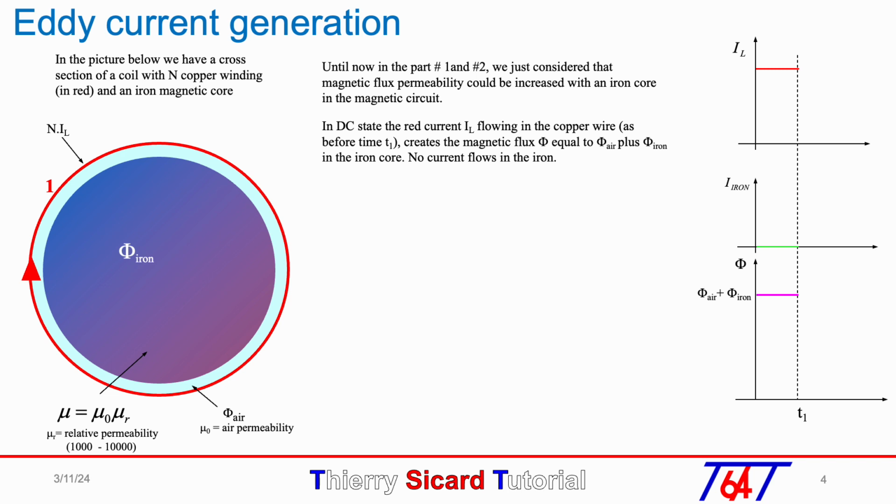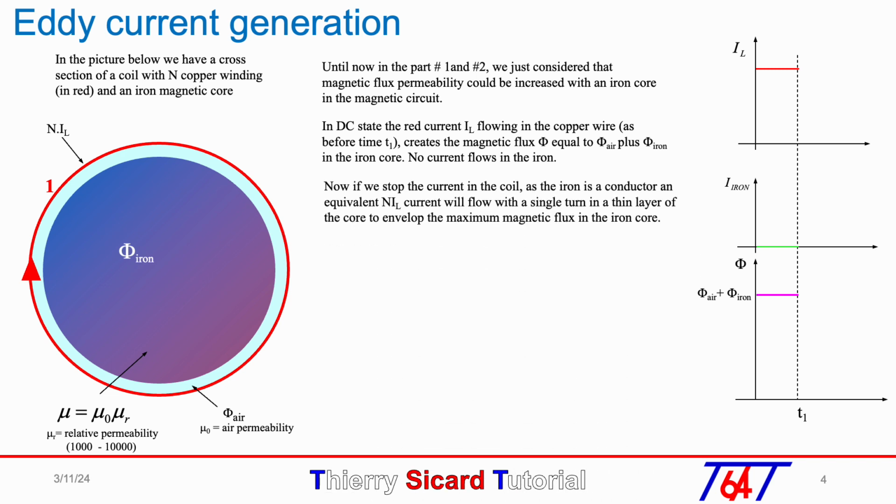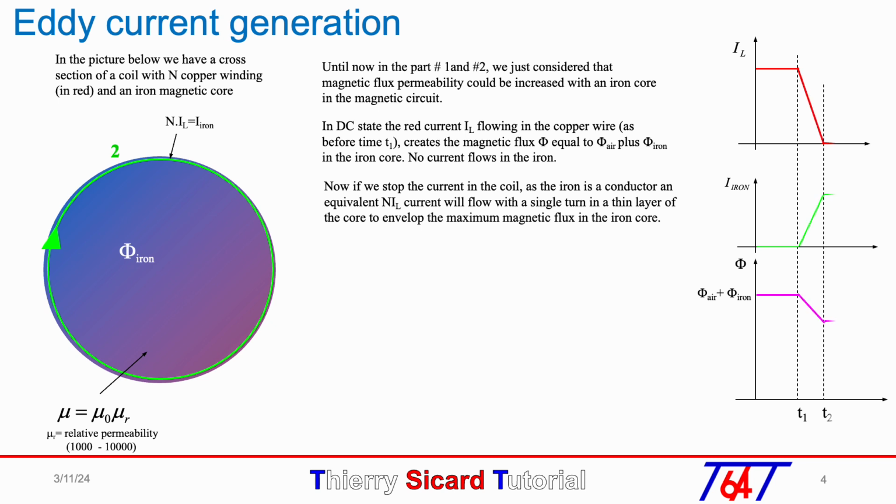Now, if we stop the current in the copper coil, as the iron is a conductor, after the time t equal t2, an equivalent current N times IL will flow with a single turn in a thin layer of the core to envelop and keep the maximum of the magnetic flux in the iron.